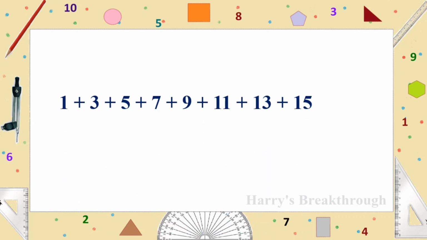So you will get the sum of consecutive odd numbers from 1 to 15 is 64. 1 plus 3 plus 5 plus 7 plus 9 plus 11 plus 13 plus 15 is equal to 64. Now, can you find the number of triangles in any other method?